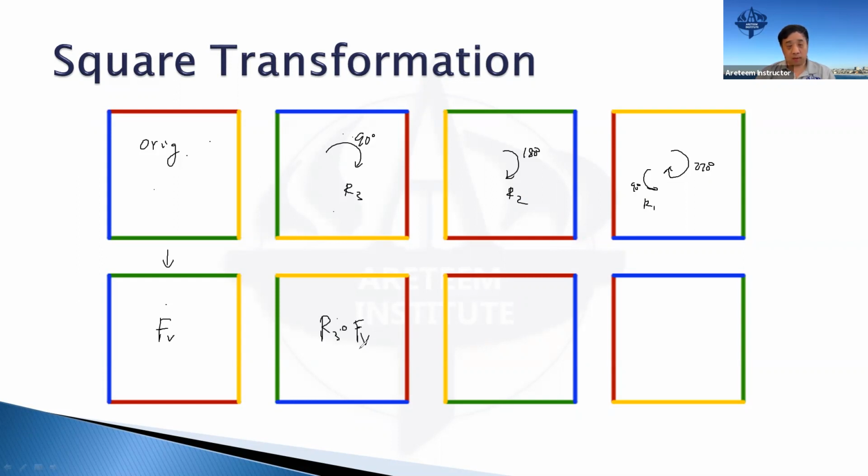I don't think we have a separate name for it from the original, you have to express it this way. I'm not talking about the diagonal flip, only the horizontal and vertical. So this is R2 combined with the flip.